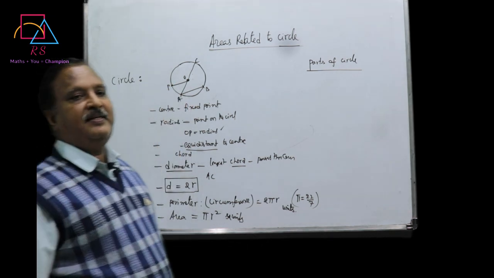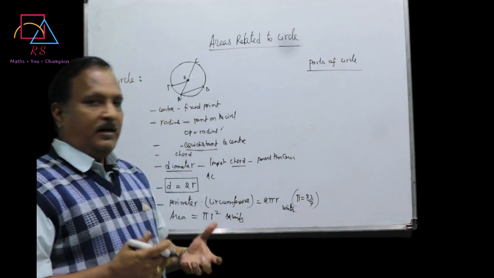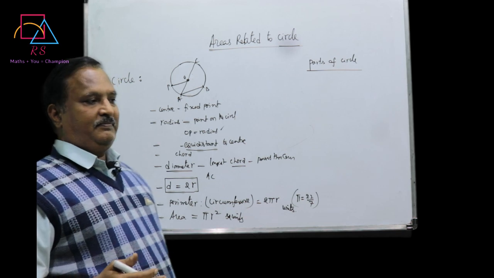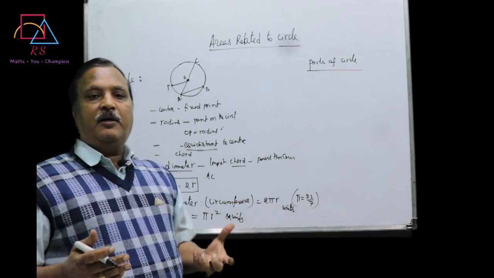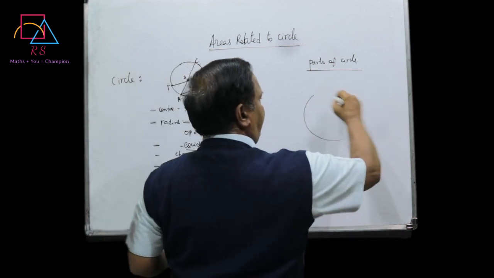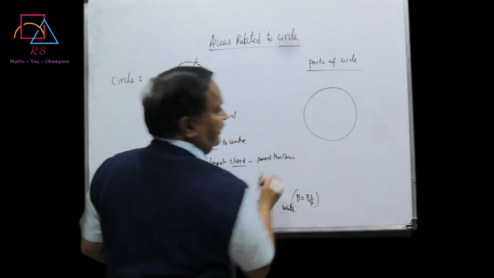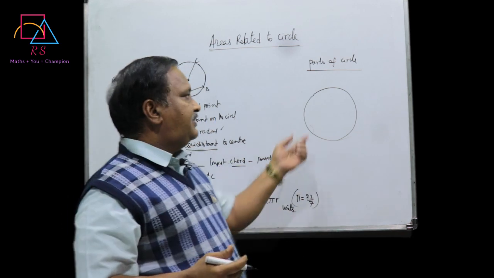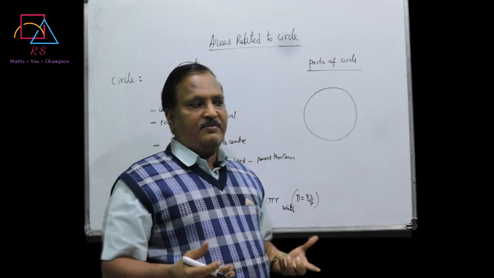The other way is, if you take a circle and cut it, you will be getting parts. The circle will be divided into parts when you cut it.